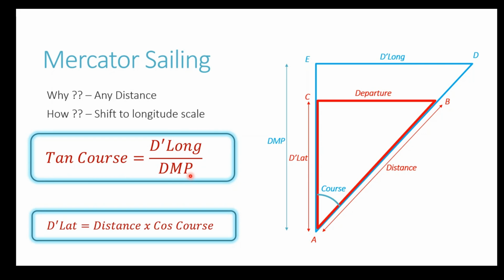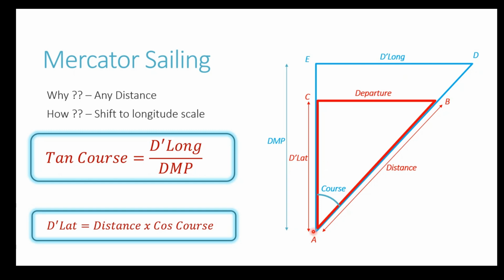The second way you could understand it from the chart point of view is, on a Mercator chart, 1 minute of longitude is a fixed quantity. You go anywhere on the Mercator chart and you measure 1 minute of longitude, it is a fixed dimension, fixed length. The latitude is not so.